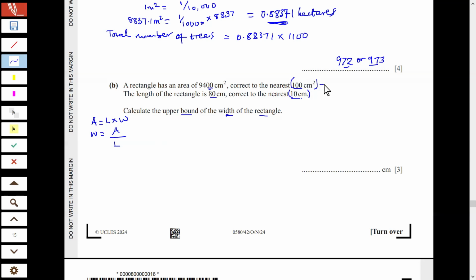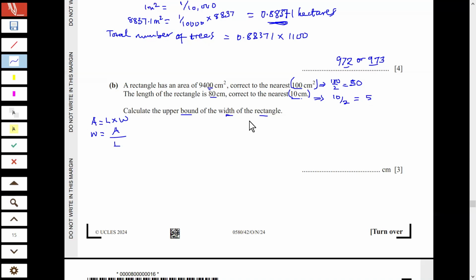Now, for the degree of accuracy of 100 centimeters, we have to find half the degree of accuracy, which is 100 over 2, and that is 50. And for the degree of accuracy of 10 centimeters, just find half of that, 10 over 2, and that will be 5.